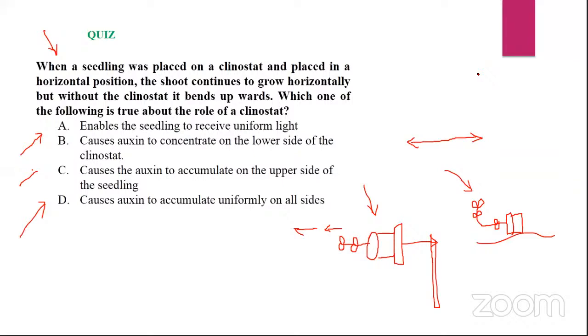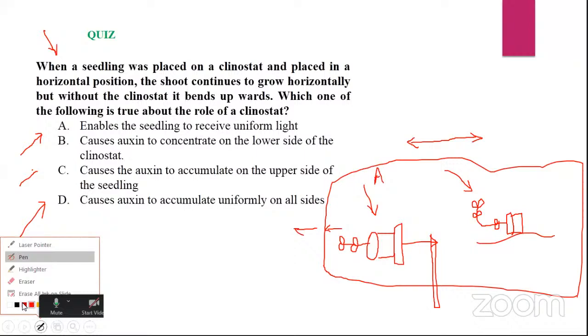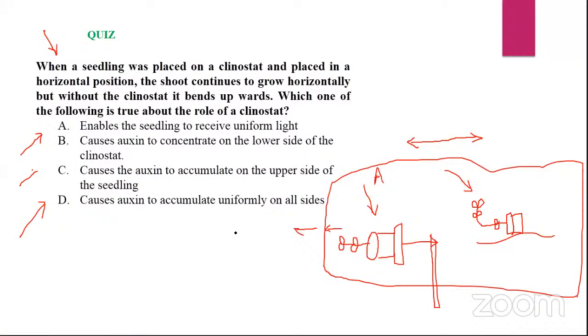Now, I hope each one of you is able to see what is on my screen. Let me call what I've just circled experiment A. Let me get another color, let's say blue.